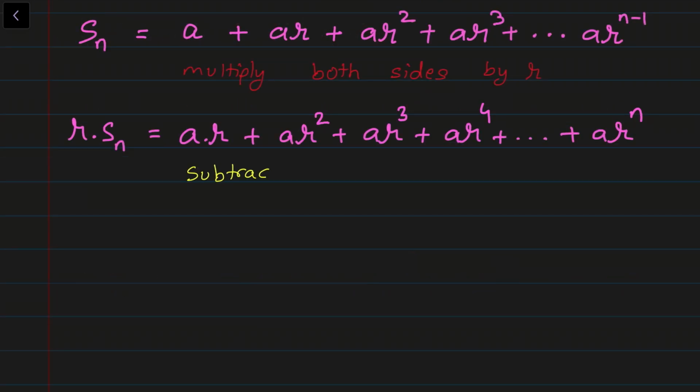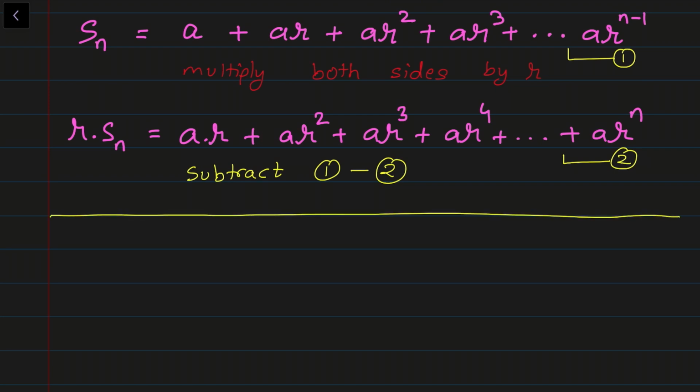Next, we subtract equation 1 from equation 2. Let us denote the first equation as 1 and the subsequent equation as 2. Observing the terms on the right side, we notice that ar and ar get cancelled out.